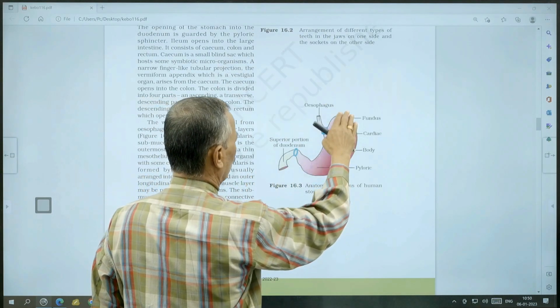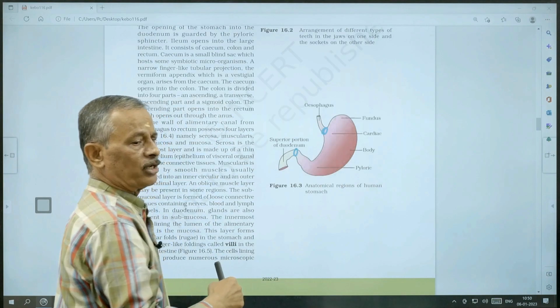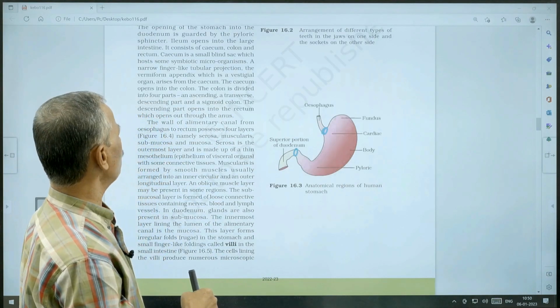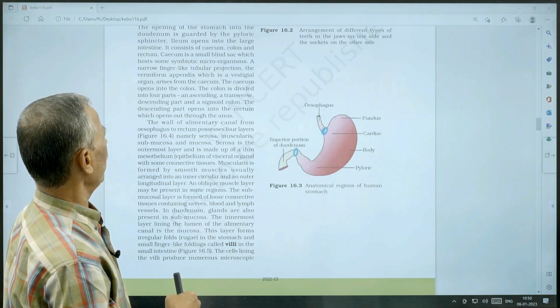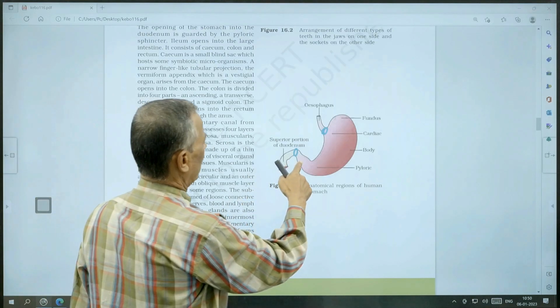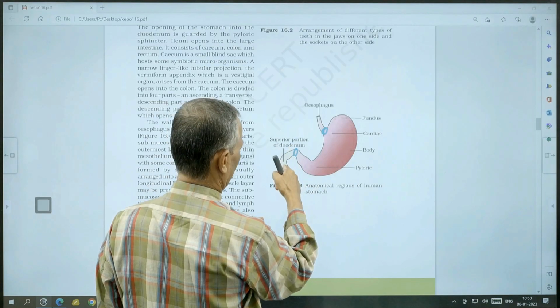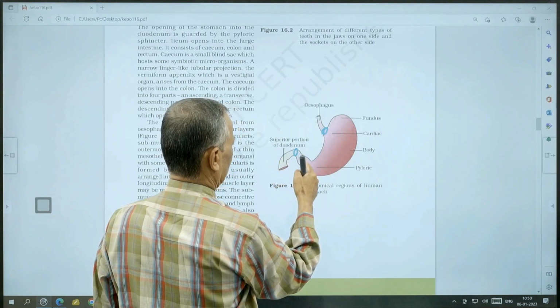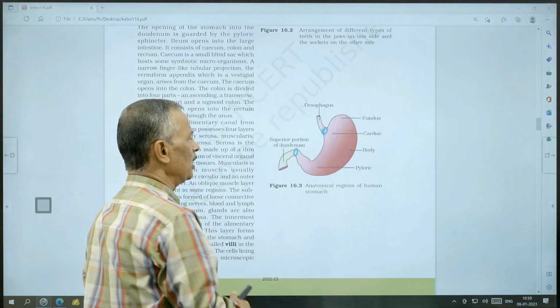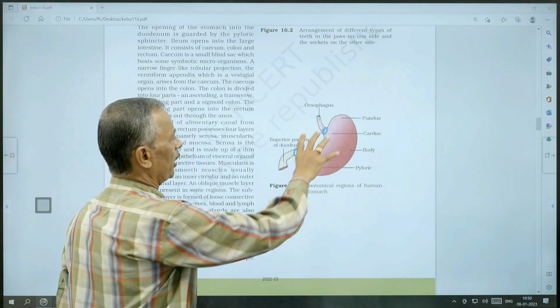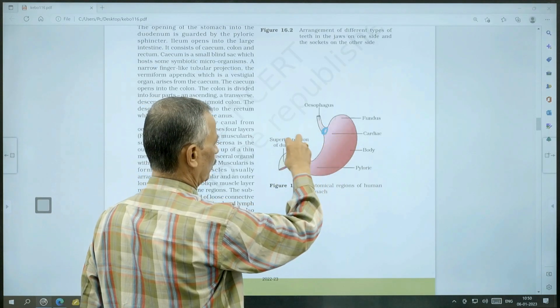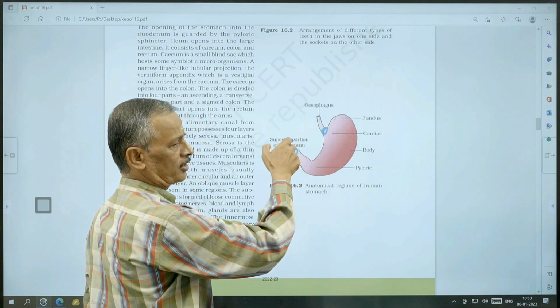And on the inner side of the stomach, you are having longitudinal folds called rugae. The pyloric stomach, similarly, is also having a sphincter. It is called the pyloric sphincter, which regulates the entry of food to the next part, namely the intestine.